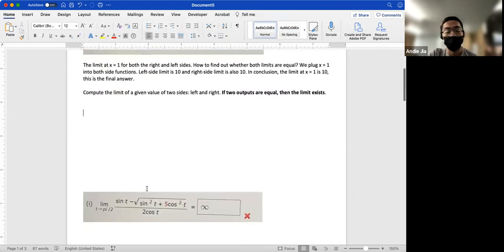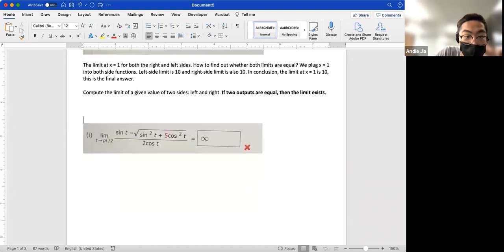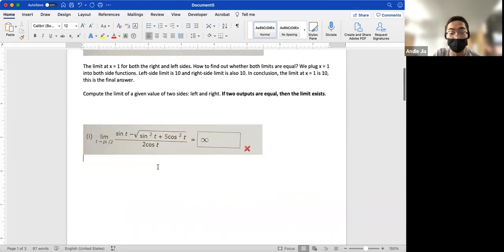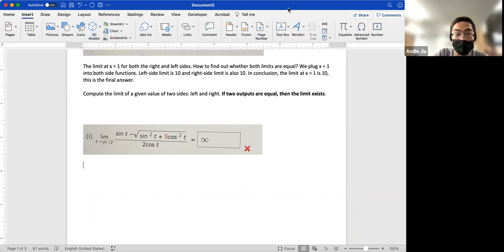And now the next question. This question is a little bit tricky because you see a radical and all the trig identities here. So what we can do is conjugate the numerator.